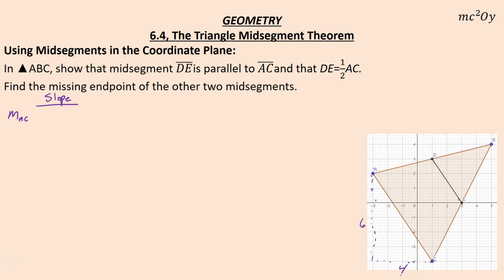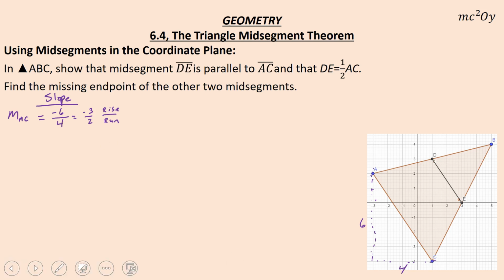So our rise is -6, our run is 4, so our slope is -3 over 2. Just remember you're dealing with rise and run. Okay, we got a slope of -3 over 2.